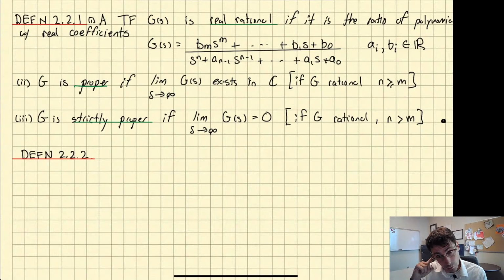Another definition, and this is a definition of poles and zeros. I'm going to give a general definition, which applies well to rational and irrational transfer functions, and then we'll talk about the rational case.